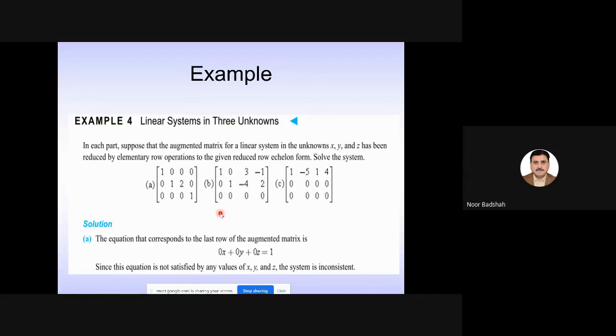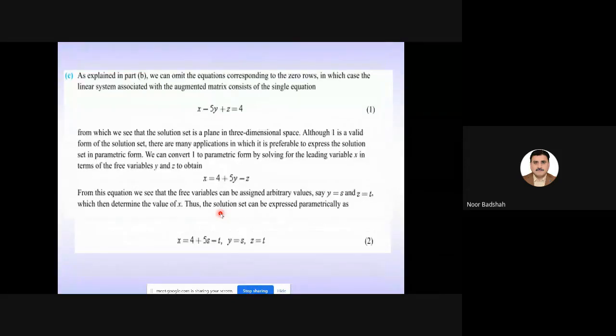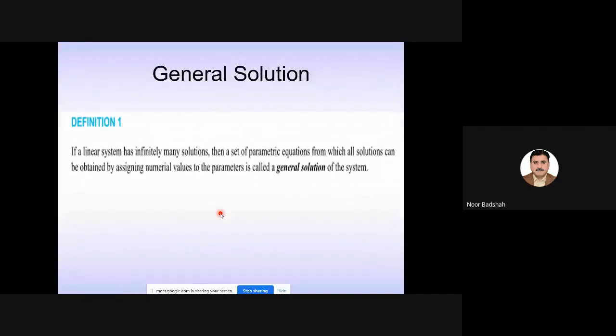Should I explain it again or is it okay now? These are explained already. Anyone want to ask something?